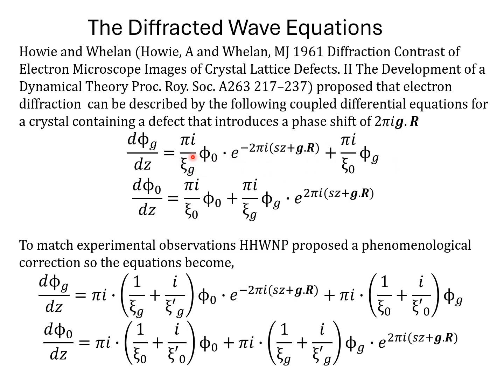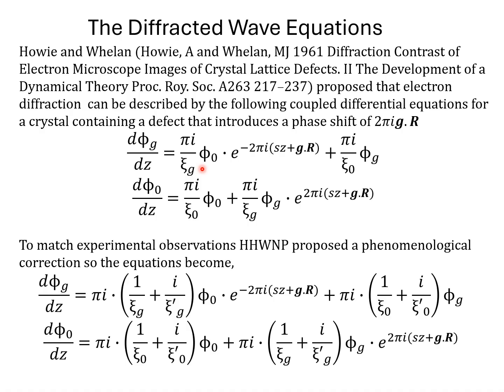relative to the configuration we see here, you'll notice that each component is the denominator. There's this parameter called psi g or psi 0, and this is an extinction length. And this defines the distance in the crystal that the electron is traveling, where you might get complete diffraction.